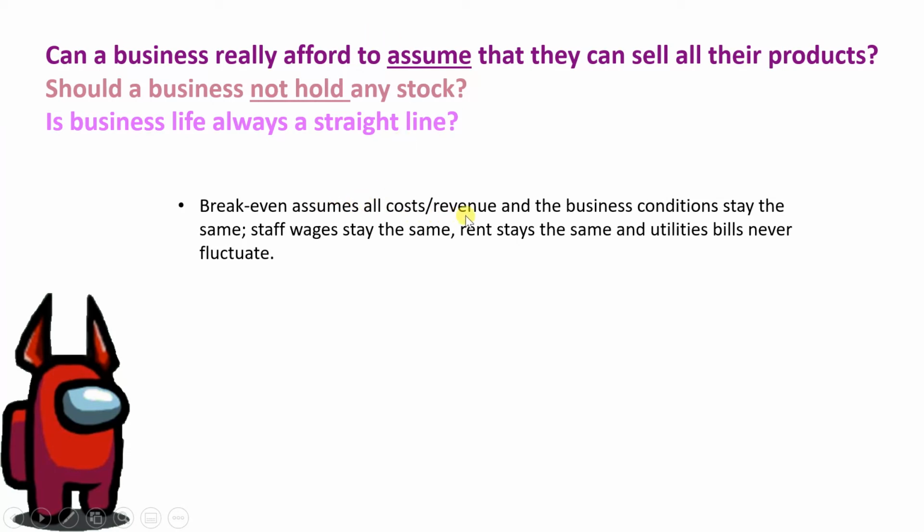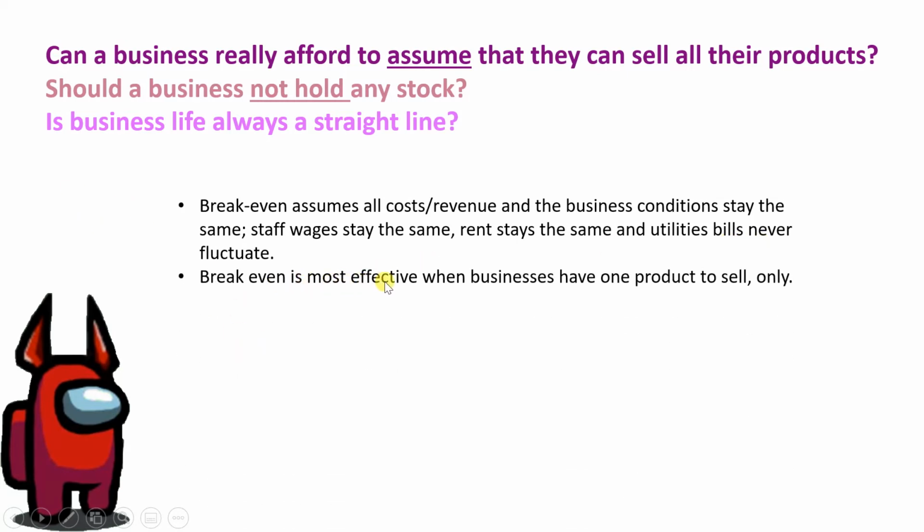Break-even assumes all costs and revenue and the business conditions stay the same, staff wages stay the same, rent stays the same, and utilities bills, electricity, gas, water, never fluctuate. Break-even is most effective when businesses have one product to sell only, but is that actually the case that most businesses only ever have one product?